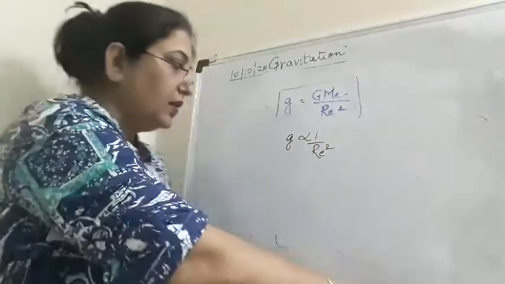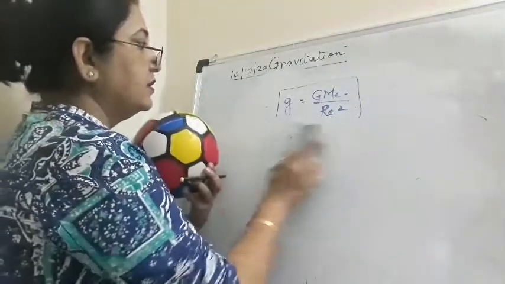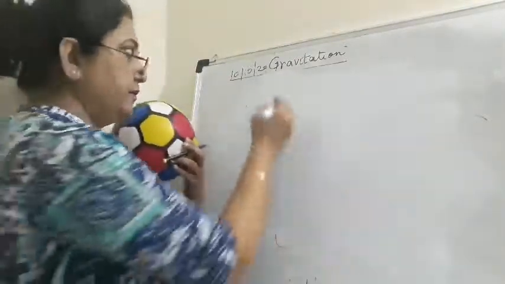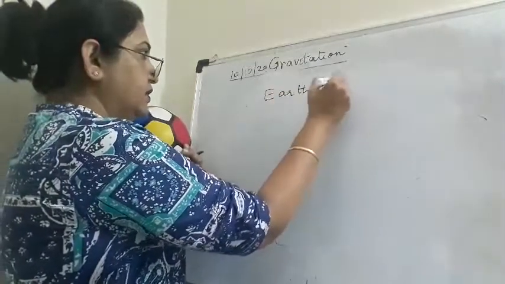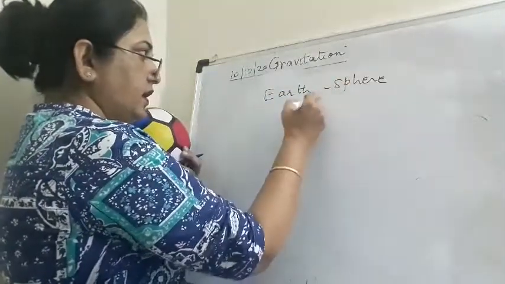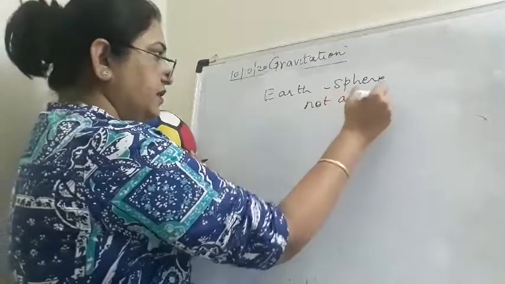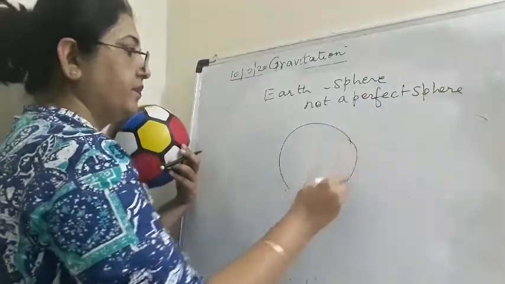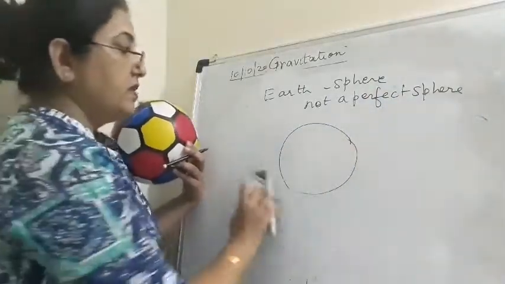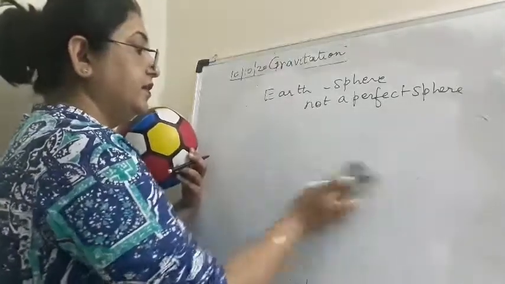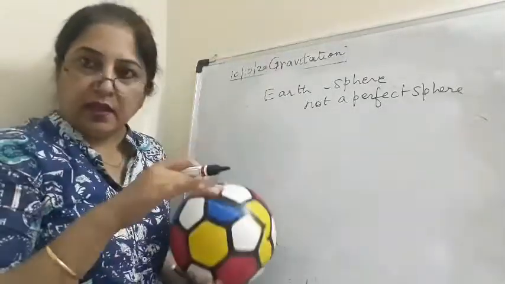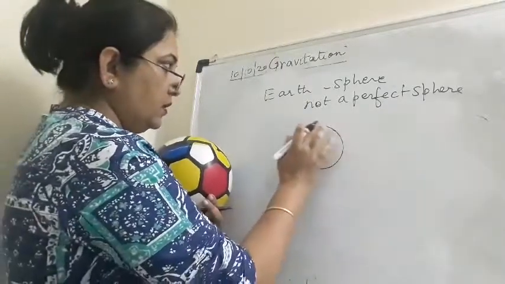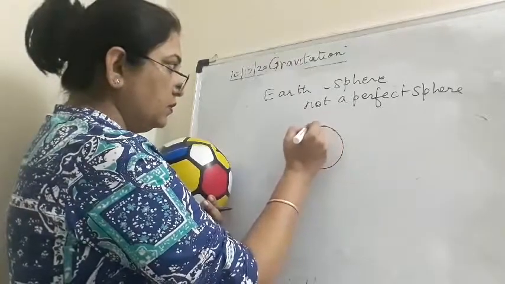You all know, children, that earth is a spherical body. Earth is a sphere. But it is not a perfect sphere. You know why? Because it is bulging in the center and it is flat at the poles. So if we assume that this is the earth, there are two poles, north and south.